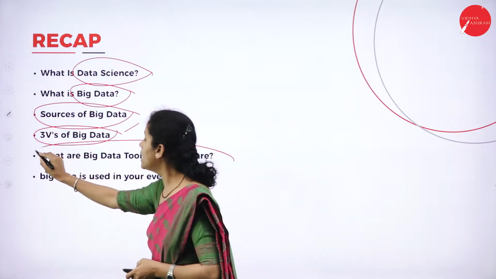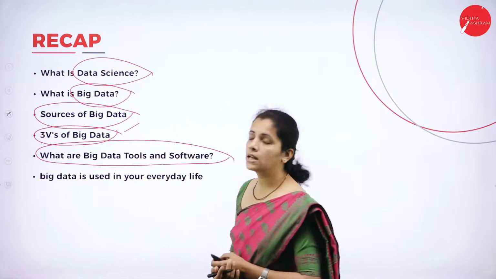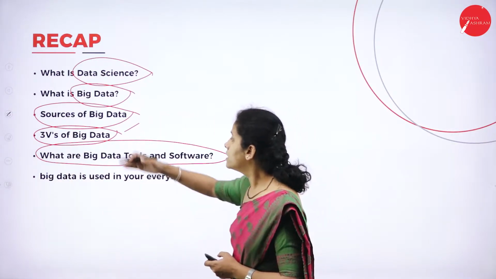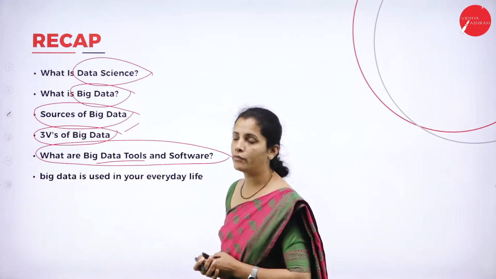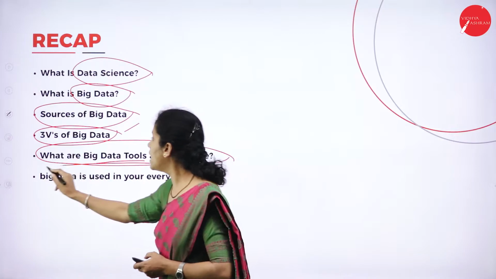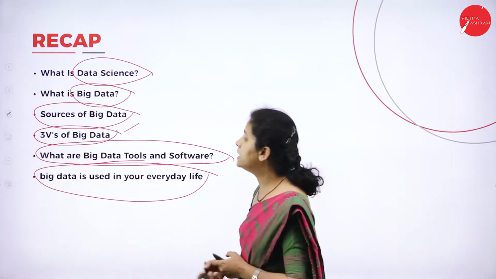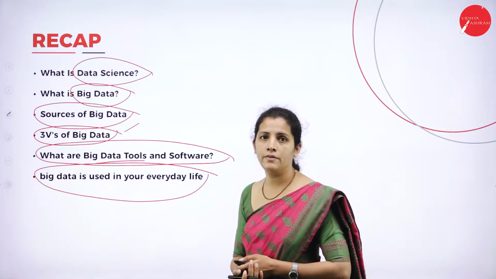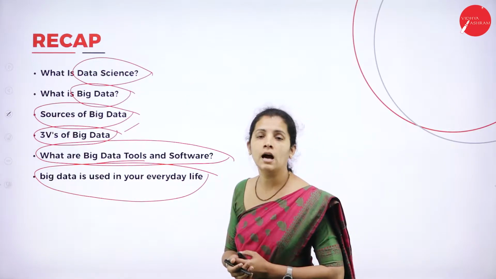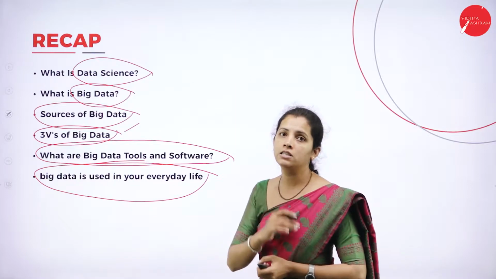Along with that, I have discussed the different types of big data tools as well as software, and how big data is used in our daily life. So these are the topics I have discussed in my last session.